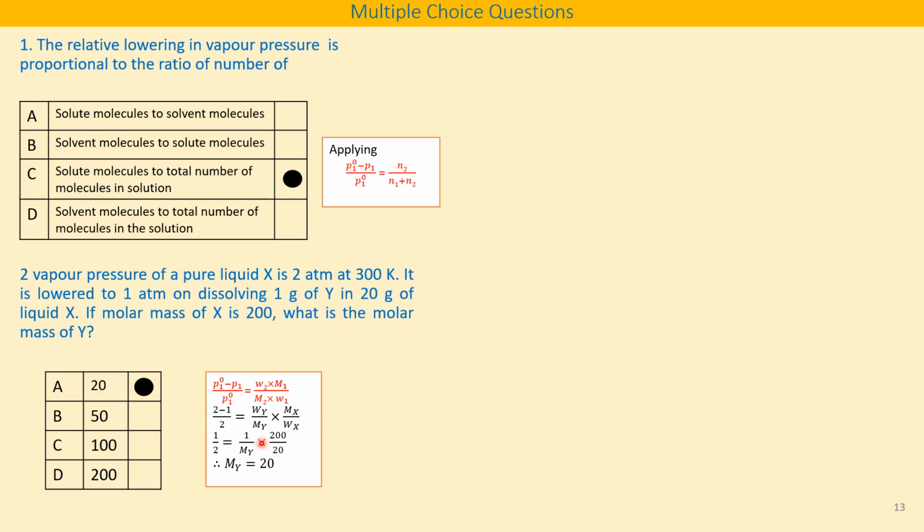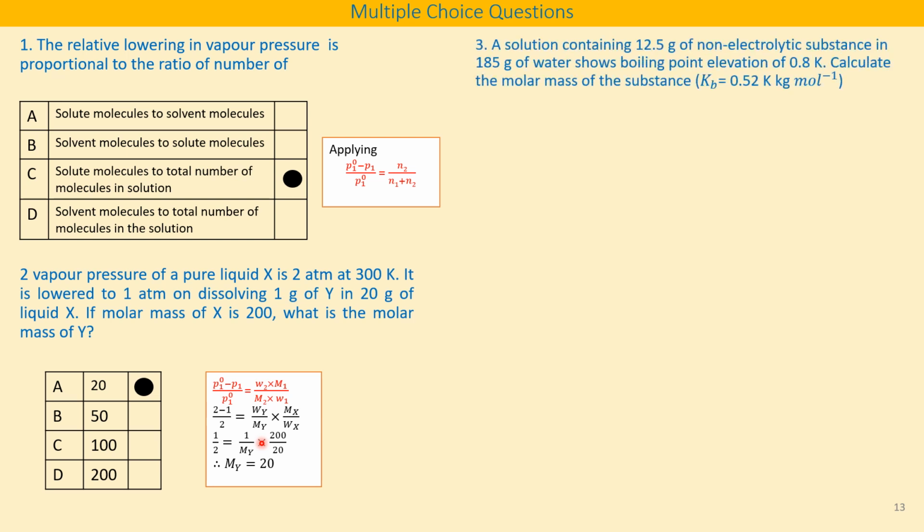and this is given as option A. Next question. A solution containing 12.5 grams of non-electrolytic substance in 185 grams of water shows boiling point elevation of 0.8 K. Calculate the molar mass of the substance.